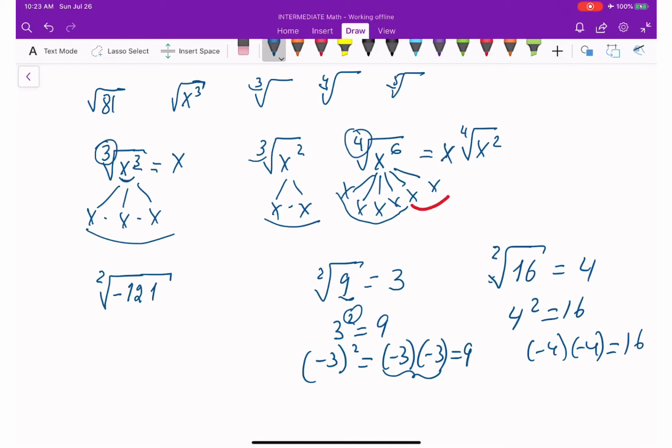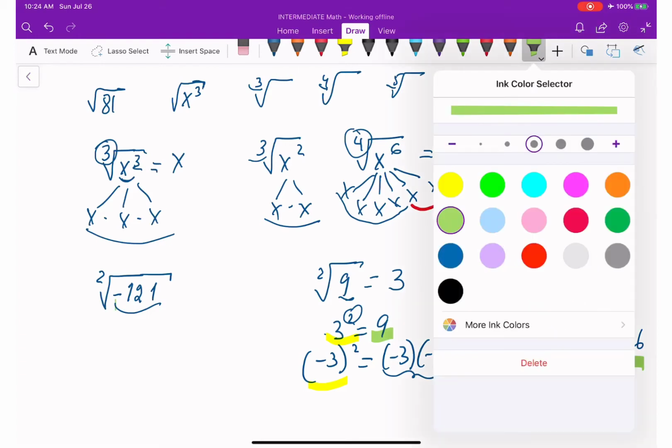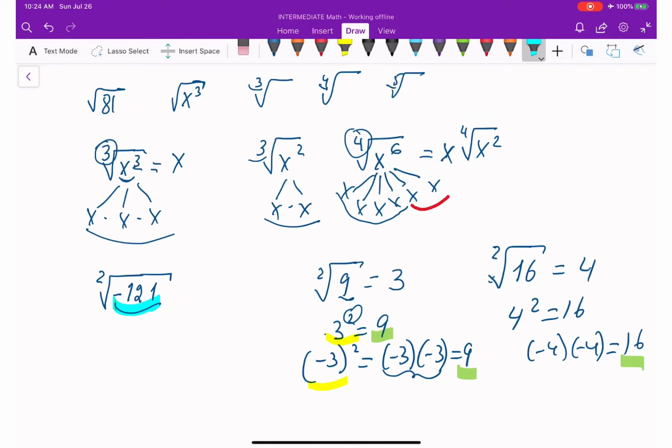If I have square root, there is no way in the world I can get a negative number, because I used positive number, I used negative number, and I still got a positive answer. Therefore, we cannot have negative number under square root. Well, we can get complex number, but not a real number.